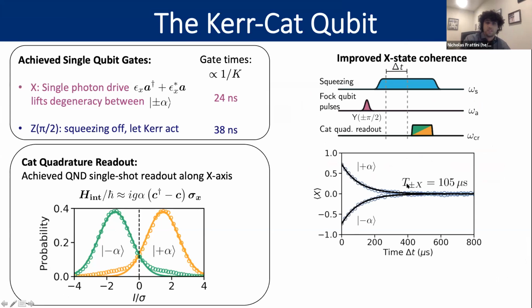What we are able to see is single exponential decay of that coherence with a time scale of 105 microseconds, which is pretty cool because the 105 microseconds should be compared to the T2 Ramsey that we started with, which was 2.6 microseconds, or the T1 of our transmon originally, which was 15 microseconds.